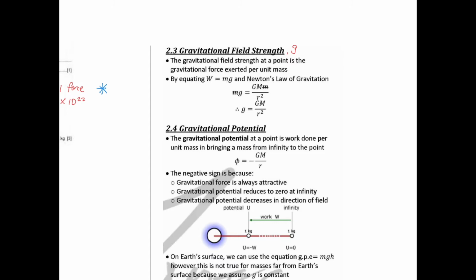So from here, you will realize that they are trying to say that gravitational field strength is equal to gravitational force divided by mass.